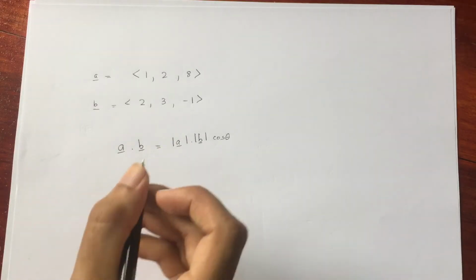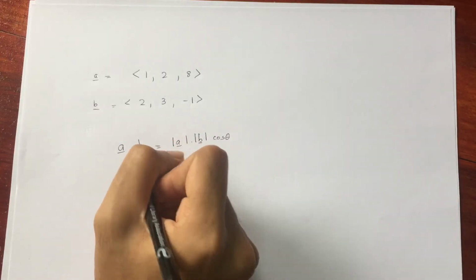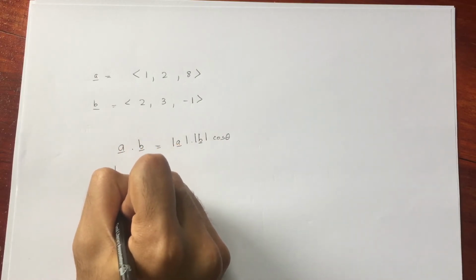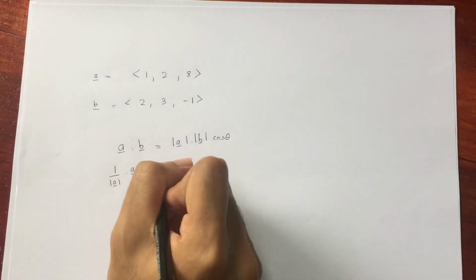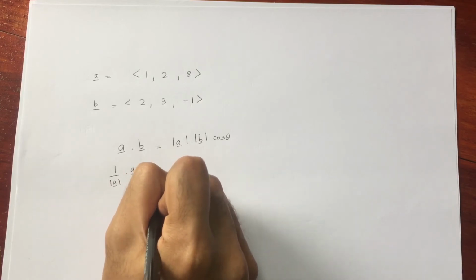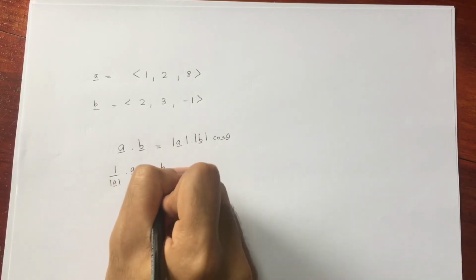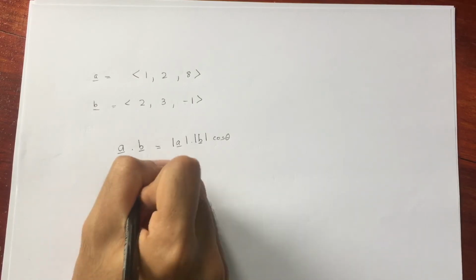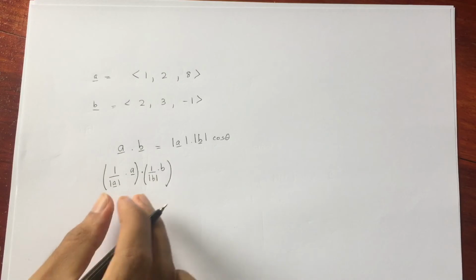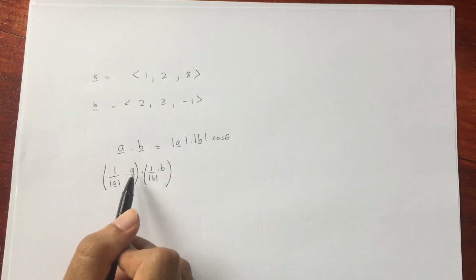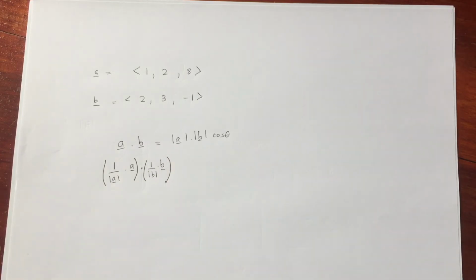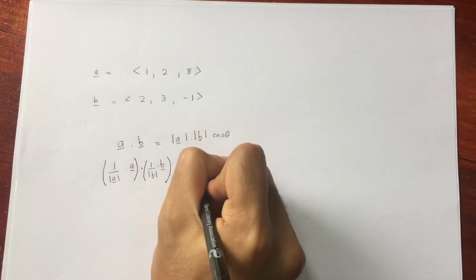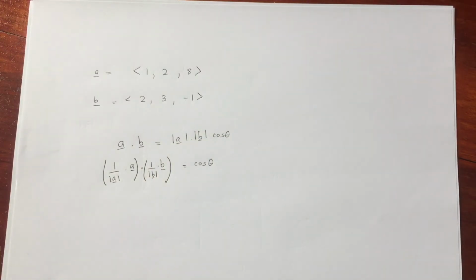So let's bring this over here and represent it as 1 over mod A into A, a coefficient of A, and dot B into B, with 1 over mod B. As these are magnitudes, we can separate them, and here we have the dot product between this vector and this vector. Okay, so it will give the result of cos theta. From that we can directly find the angle.